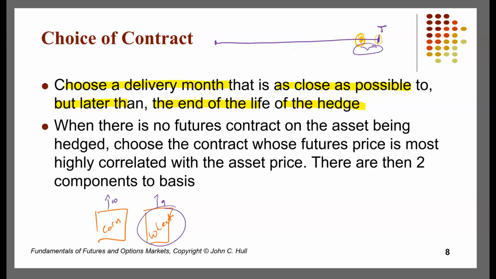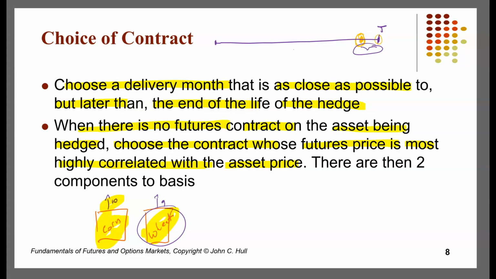So what this says here is that when there is no futures contract on the asset that's being hedged, so there's no futures contract on corn, you can choose the contract whose futures price is most highly correlated with the asset price. So you can choose another contract, say a contract on wheat, if the price of wheat is correlated with the price of corn.